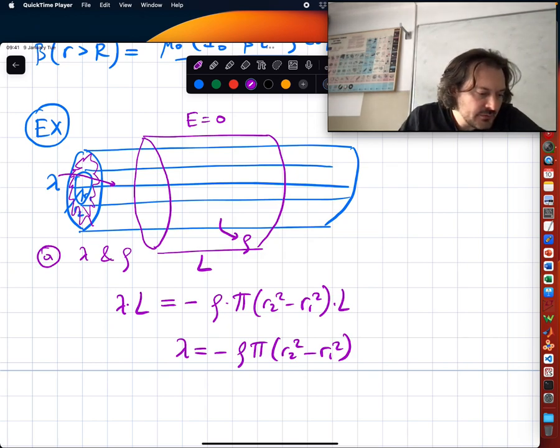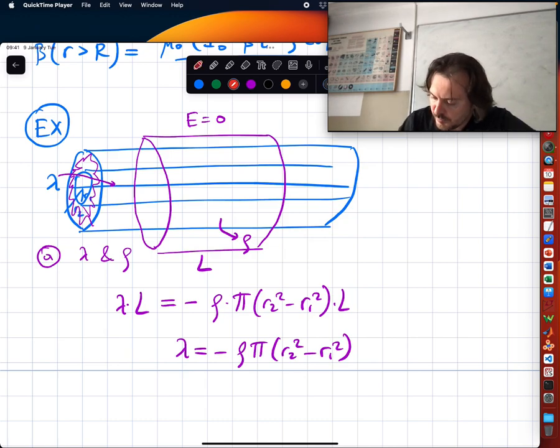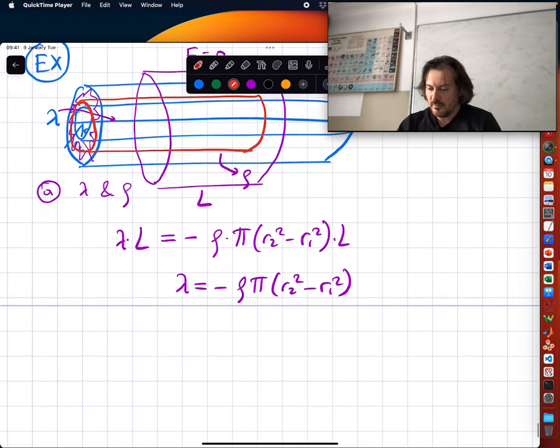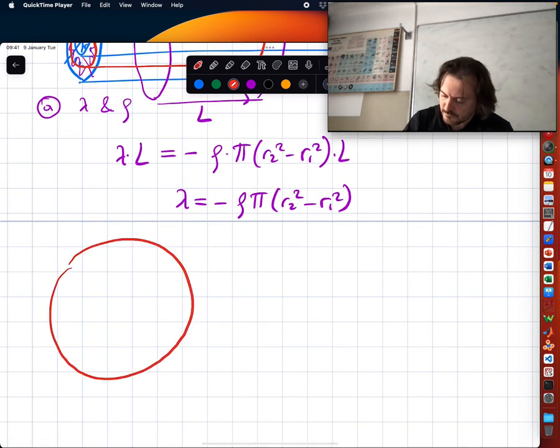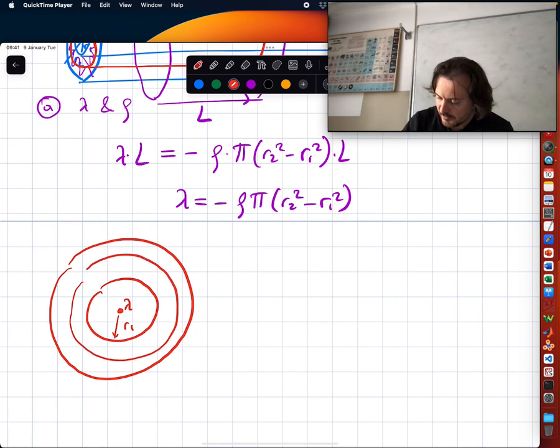Find the electric field magnitude for r less than R1 and r between R1 and R2. Express your terms in terms of rho. Do you understand the question? It's again Gauss's law, but this time we are trying to find the electric field between these, right? So at any distance r, let me just plot it again. You have lambda inside, this is R1, this is our r.